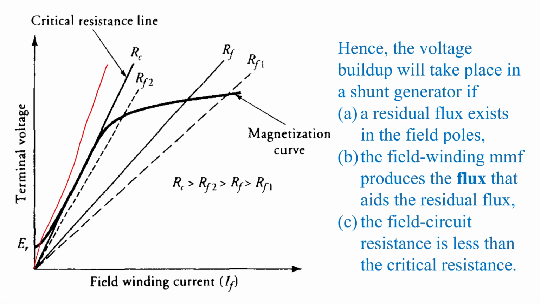The third condition is that the field circuit resistance is less than the critical resistance. If it is greater than the critical resistance, then also it cannot produce EMF. So these three conditions you must remember, very important conditions, right?